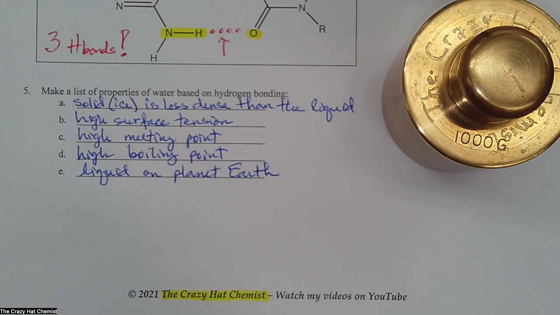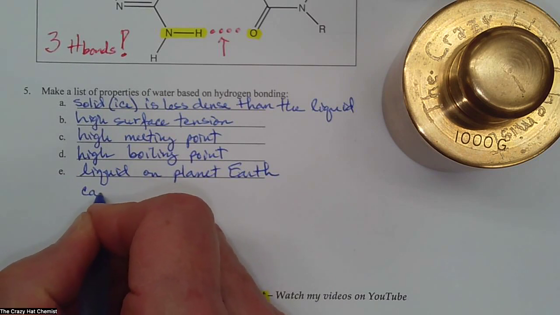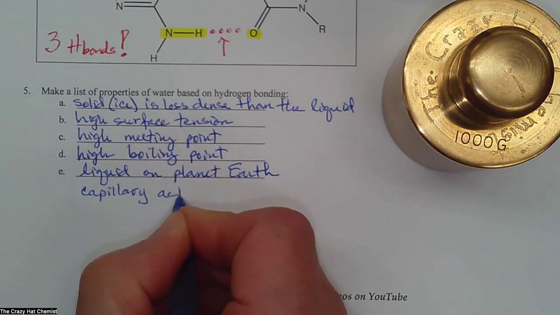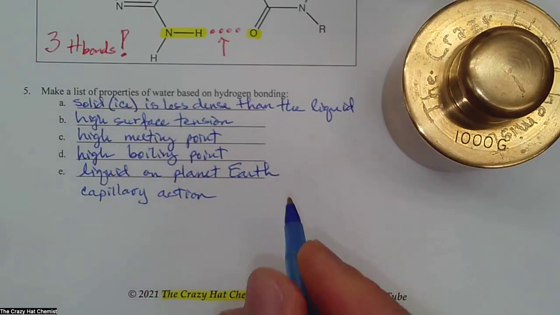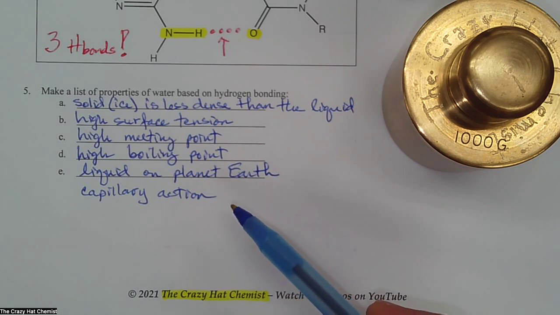Hey, you know what I'm going to do? I'm going to give you two more things here, even though they're not on there. I'm going to give you two more things based on hydrogen bonding. Okay, capillary action. I want you to think about redwood trees, giant sequoias. They are hundreds of feet tall. How does the water get up that tree?